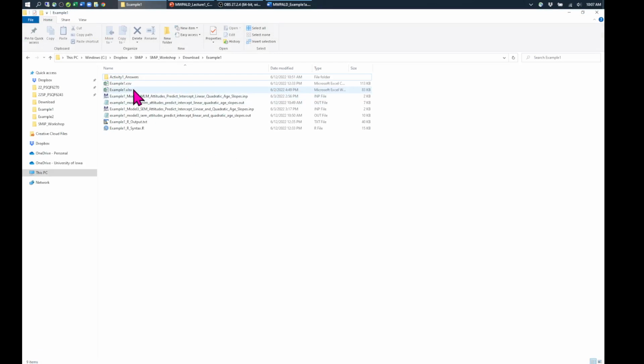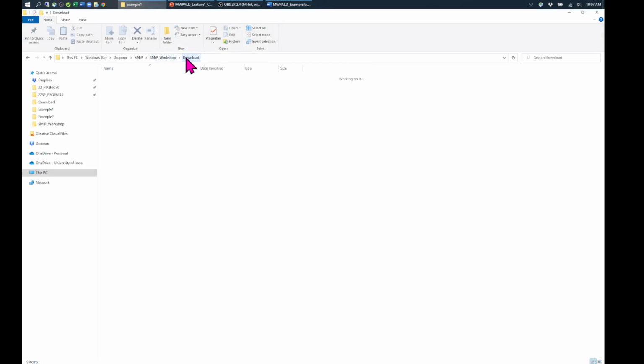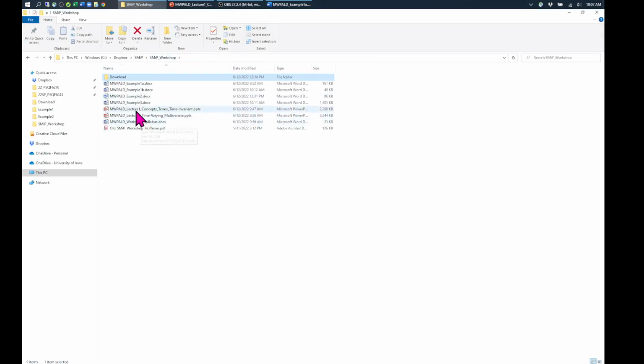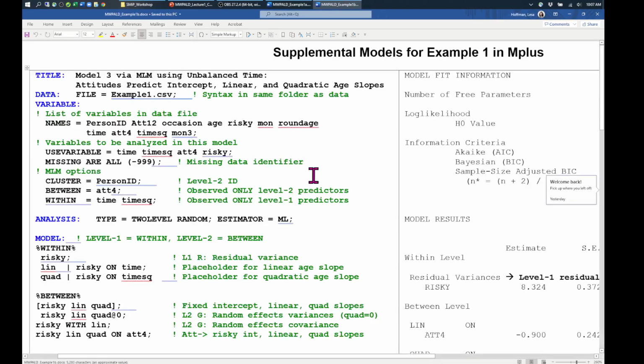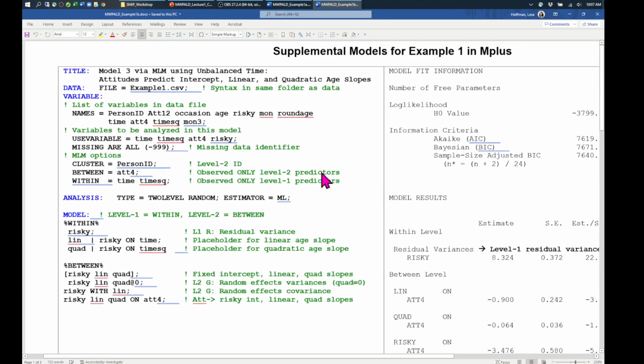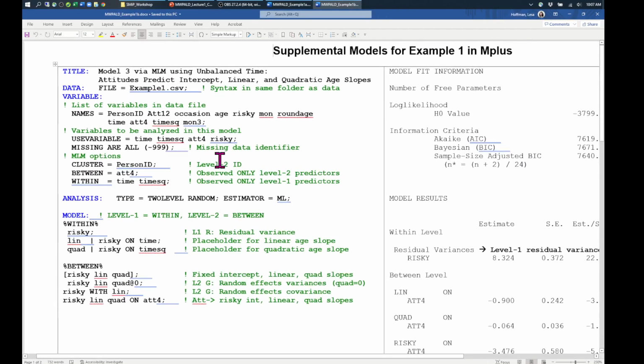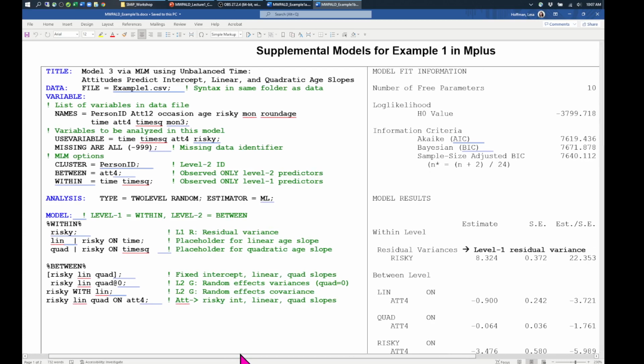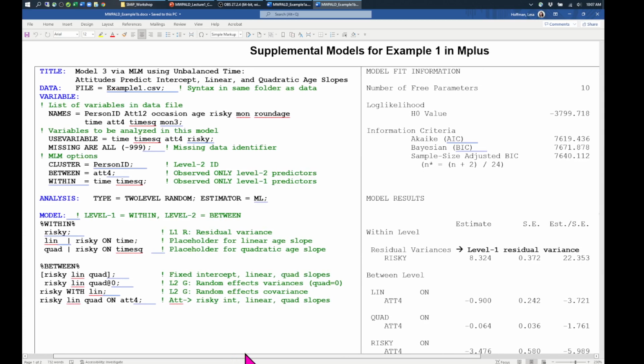The other piece of this, example 1b, has that last model in Mplus. So if you want to learn Mplus code, this is how we would do a standard multilevel model in Mplus. And I can go over that, or I can save it for tomorrow. What do you think?